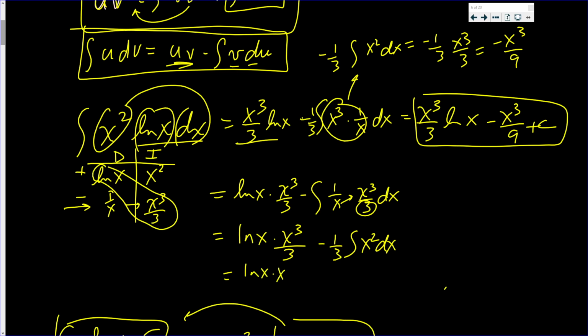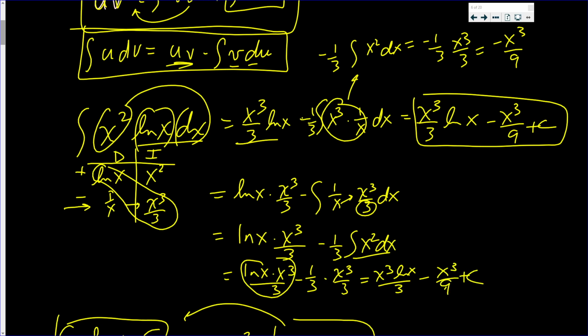Ln of x times x cubed over 3 minus a third times this integral, which is x cubed over 3. So I get x cubed ln of x over 3 minus x cubed over 9 plus c. Exactly the same answer.